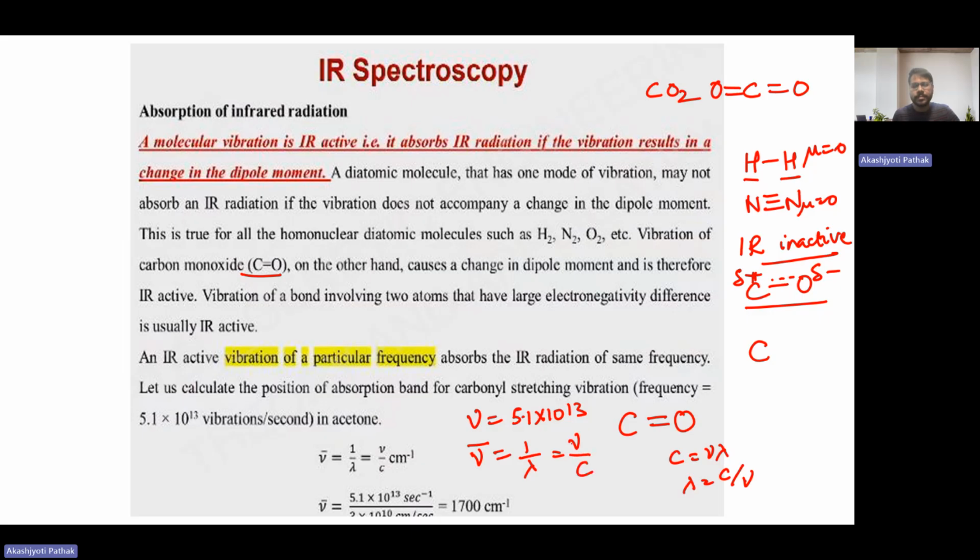Now you know the frequency of the carbonyl stretching vibration, and the speed of light. What is the speed of light? It is 3 into 10 to the power 8 meter per second. And in centimeter per second, it will be 3 into 10 to the power 10 centimeter per second. So you can substitute these values and you can get the absorption band of the molecule.